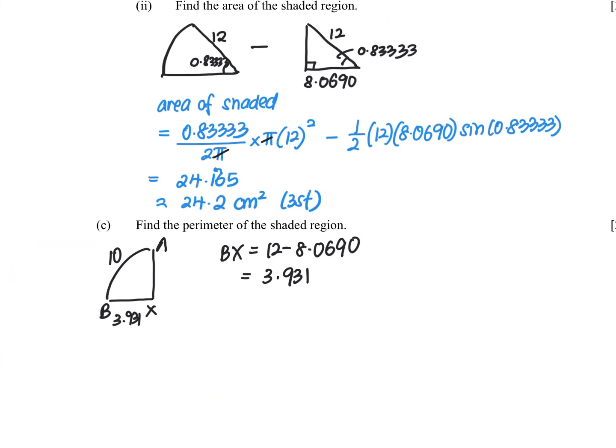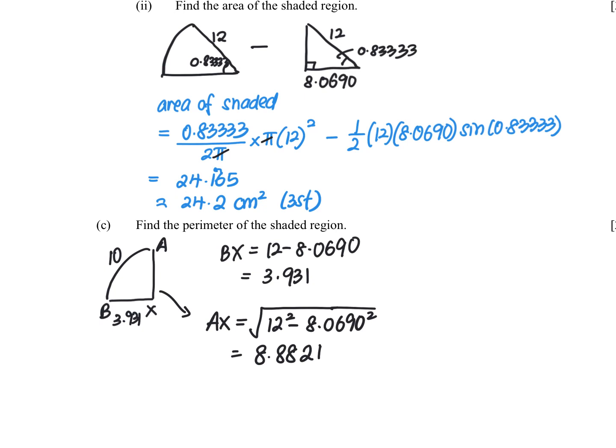So AX over here will be square root of, now is this the short side of the hypotenuse? This is the shorter side, right? So we'll take the hypotenuse 12 square minus 8.0690 square. So with subtraction. Okay, and I get my answer 8.8821.